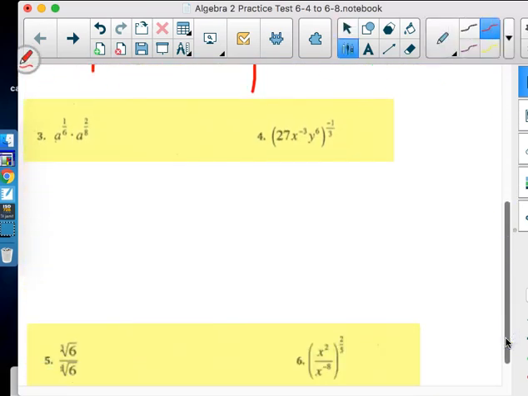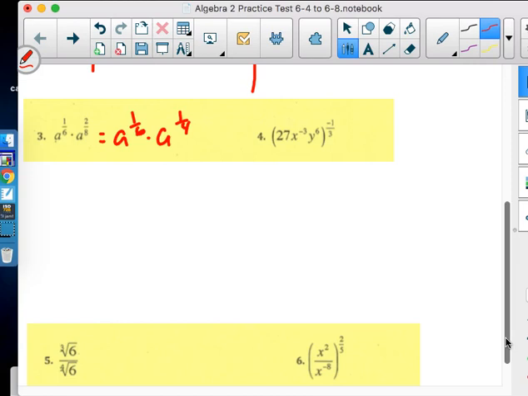Alrighty, looking at 3. That's definitely different, right? It is and it isn't. First off, I think they're messing with us a little bit. I think one of those is reducible. Yeah. They were hoping we'd miss that.